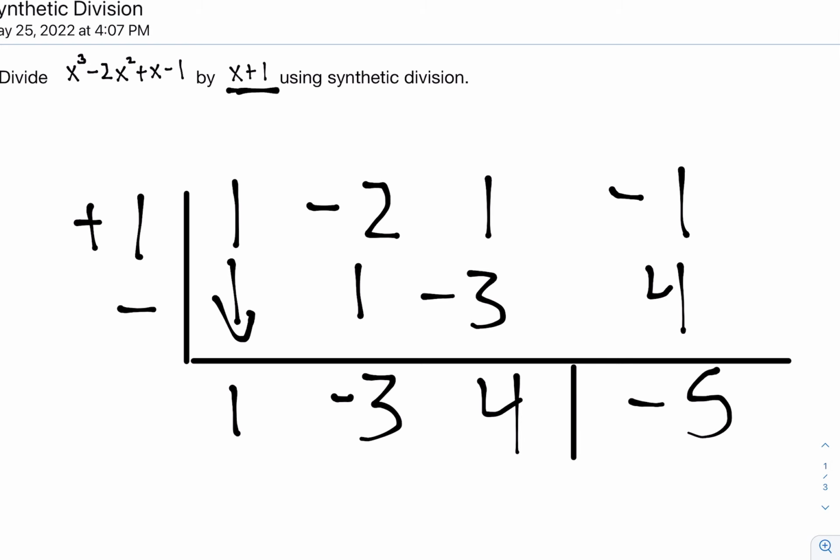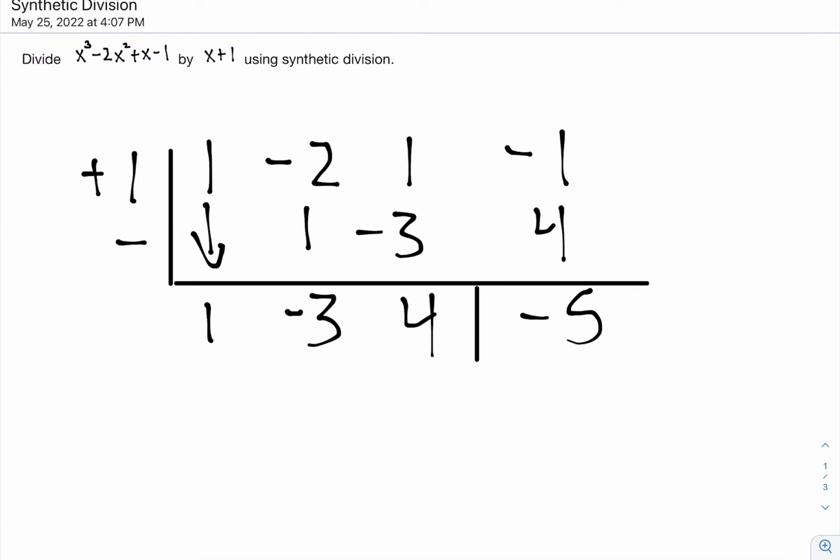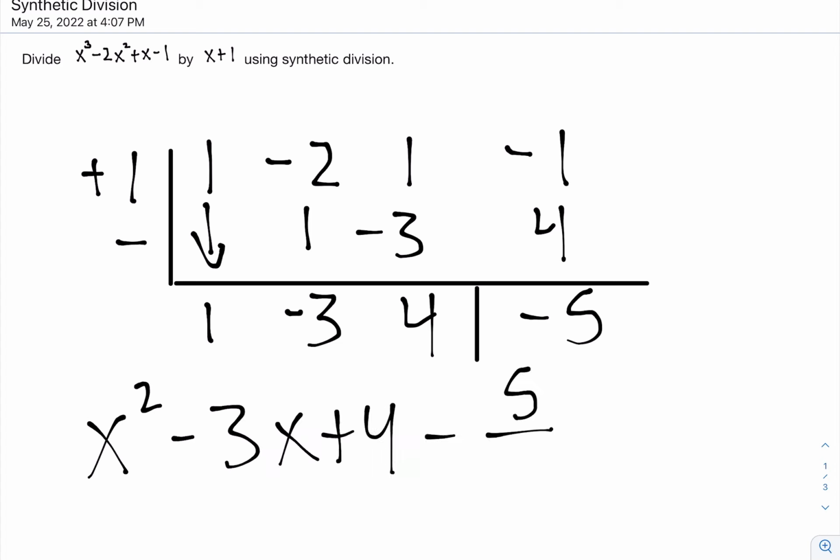And if you take the same sign, so if it's x plus 1, and you do plus 1 on the side, then this has to be a minus here. Just keep that in mind. So our answer for this one would be 1x squared, right, minus 3x plus 4 minus 5 over x plus 1. And that's our remainder here, 5.